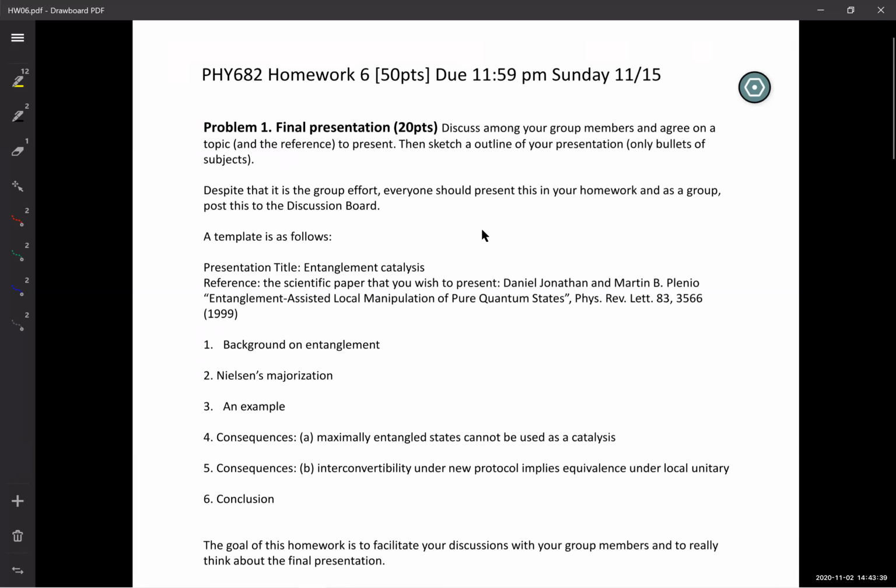Okay, so let me. Yes. I had a question regarding this template that we're supposed to complete. Should all group members have the same template answers and just paste it on, or do we have our own? Well, you would set some temporary presentation title, and you give the key reference. It could be more than one, but there should be one key reference.